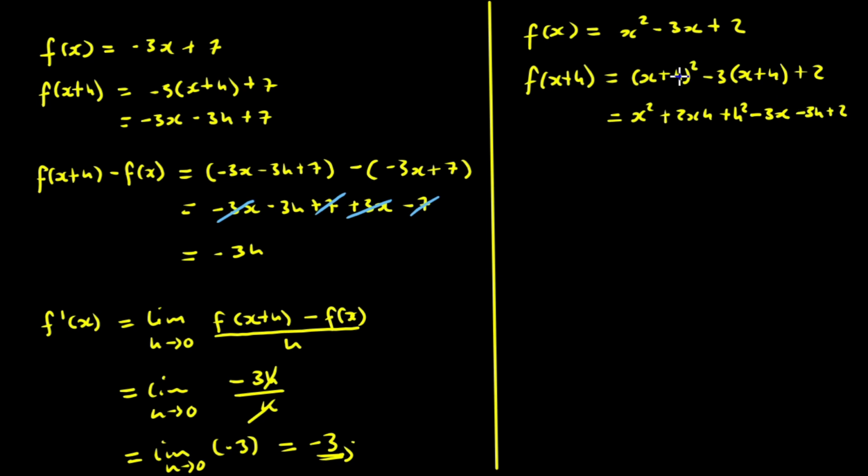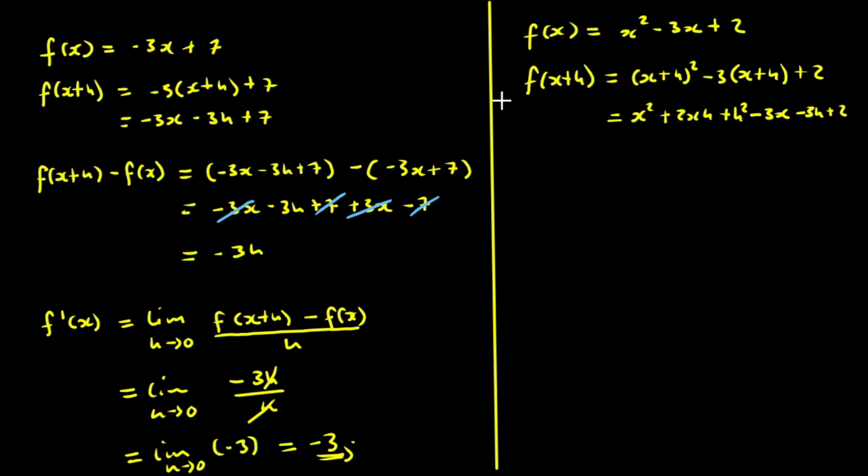By the way, here I just expanded using an identity, but you can expand using what you know, x plus h, then you start expanding it that way. Okay, there's nothing else that you can do from here.